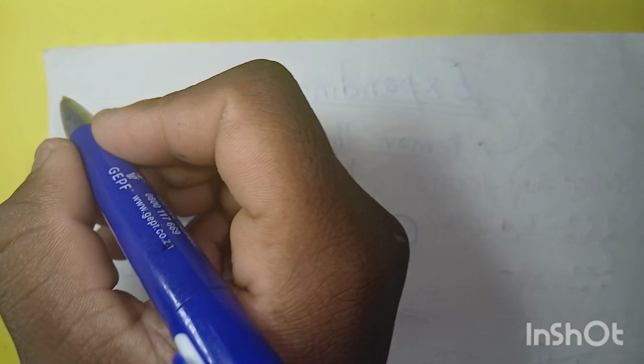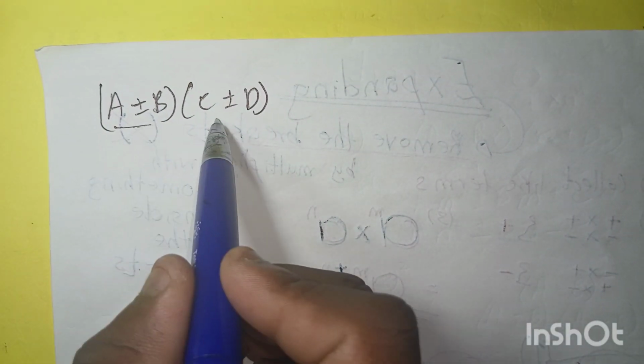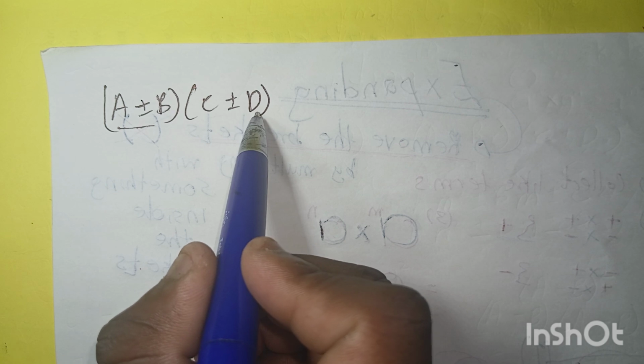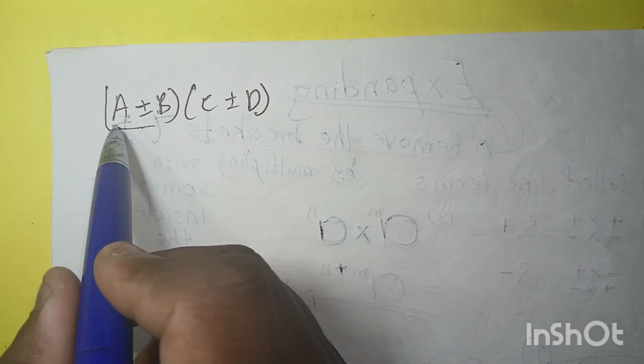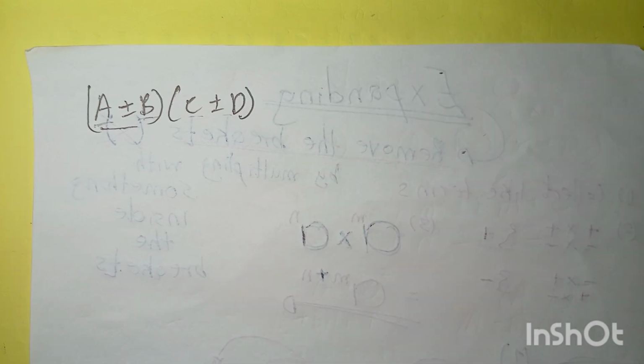So here's another format whereby they will give you two binomials, (a plus or minus b) and (c plus or minus d). Binomials, guys, are just two terms. So if they give you two binomials inside brackets, what do you have to do?